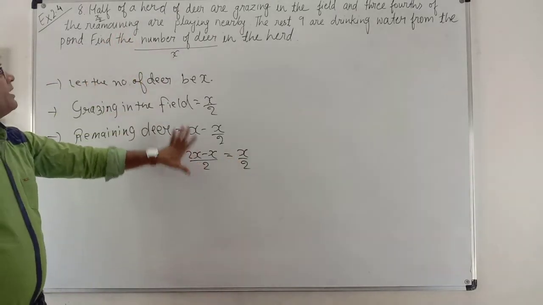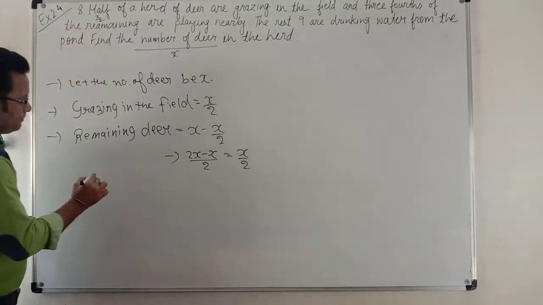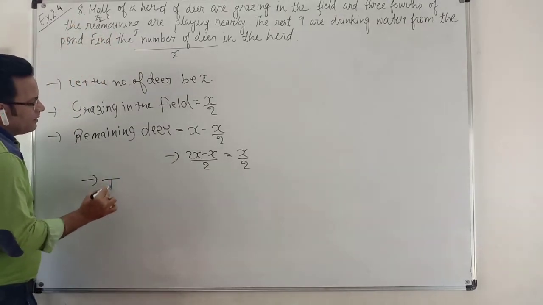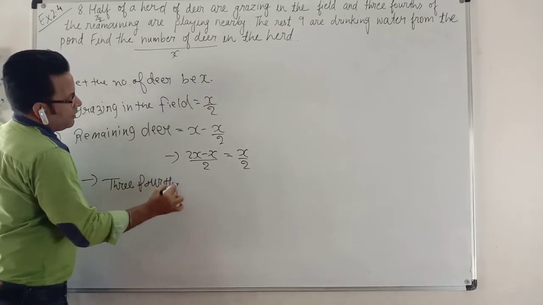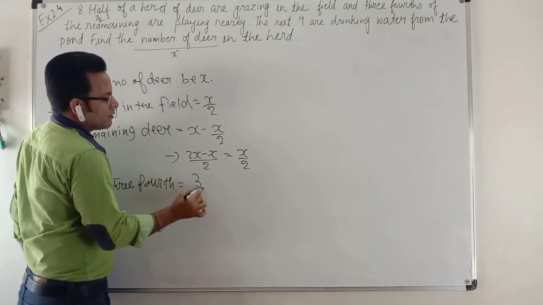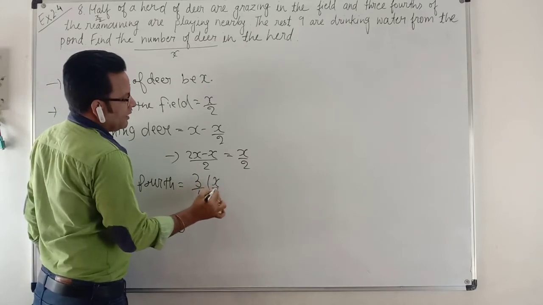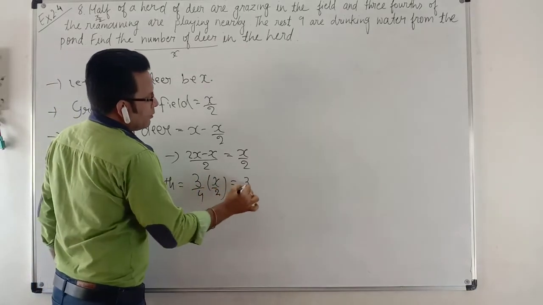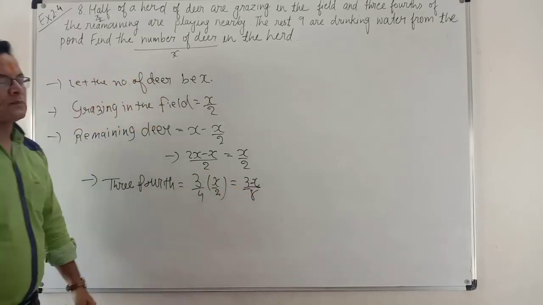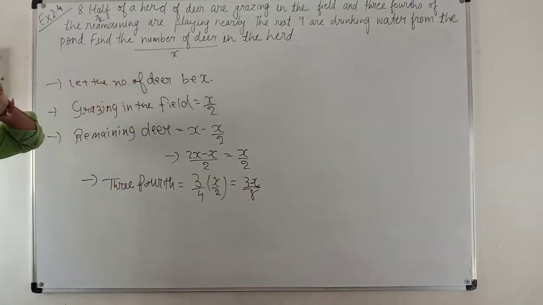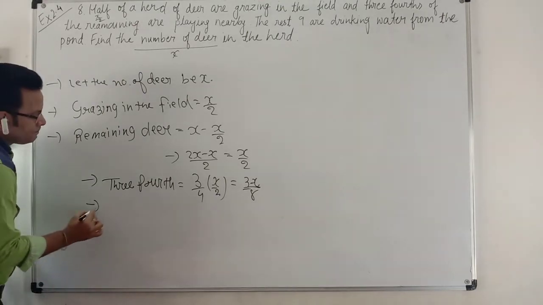So this is the remaining deer, but 3/4 of it, written 3/4, is equal to 3/4 into x by 2 is equal to 3x upon 8. Now the rest 9 are drinking water.